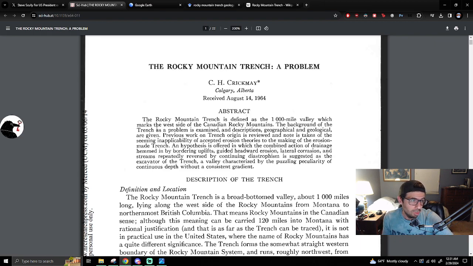The background of the trench as a problem is examined, and descriptions, geographical and geological, are given. Previous work on trench origin is reviewed, and note is taken of the seeming inapplicability of accepted erosion theories to the making of the erosion-made trench. And a hypothesis is offered.